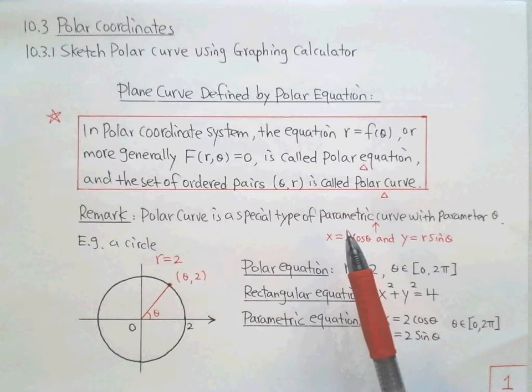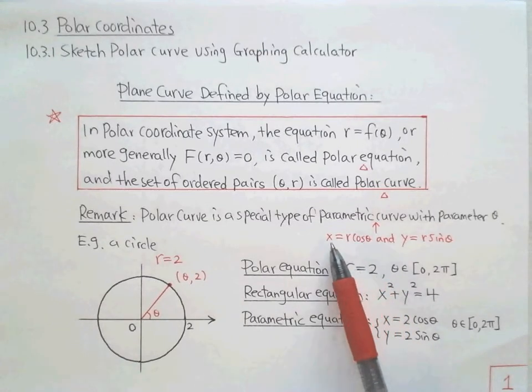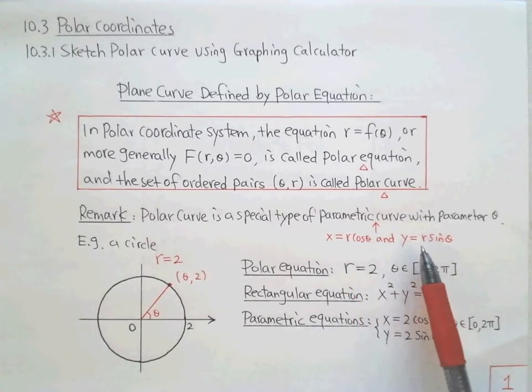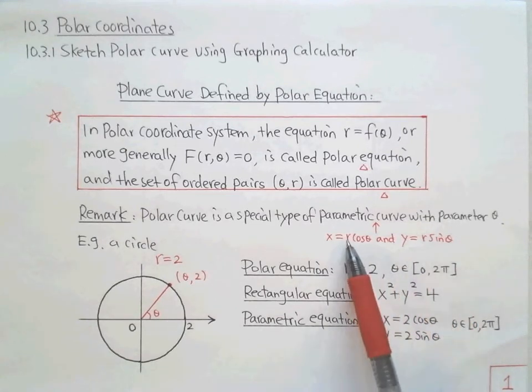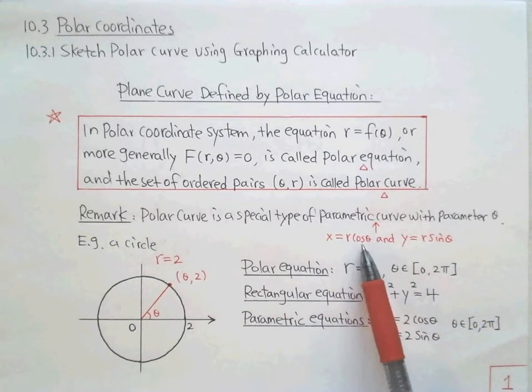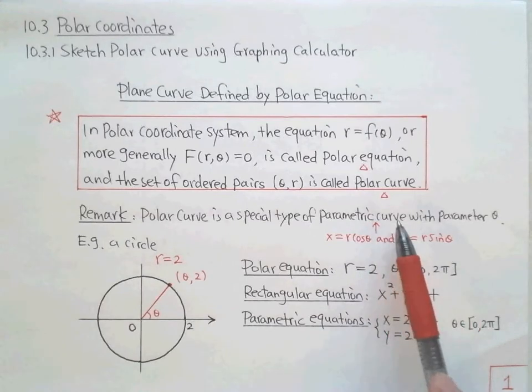The relationship is: x equals r times cosine theta, and y equals r times sine theta, and r is a function of theta. Can you see? So x is a function of theta, and y is also a function of theta, which means a parametric curve. The parameter is theta.